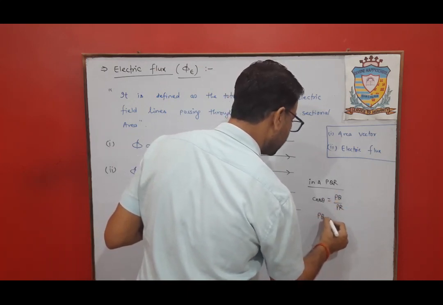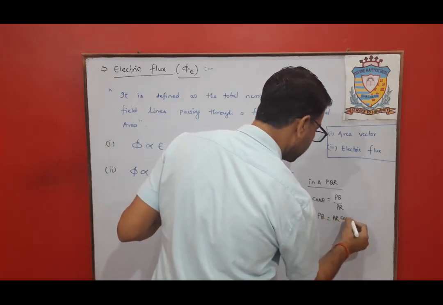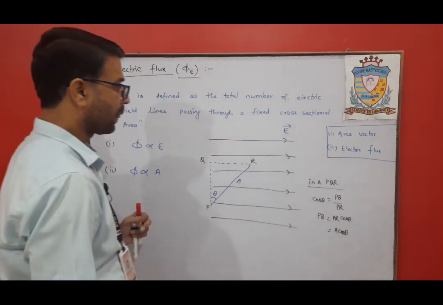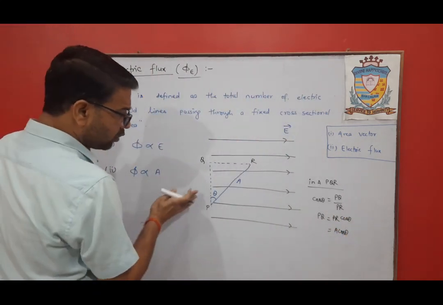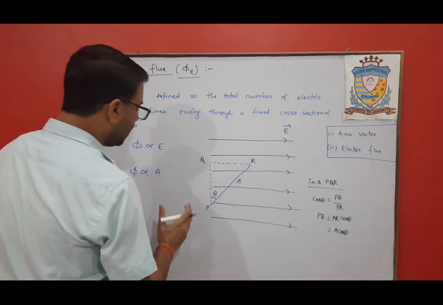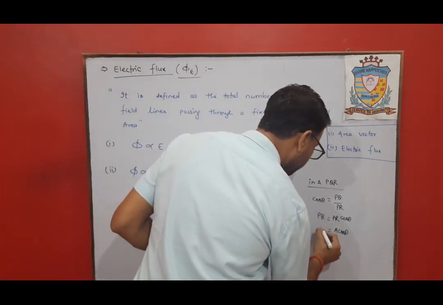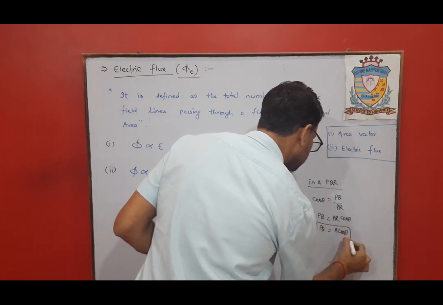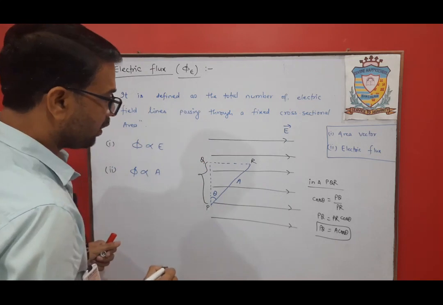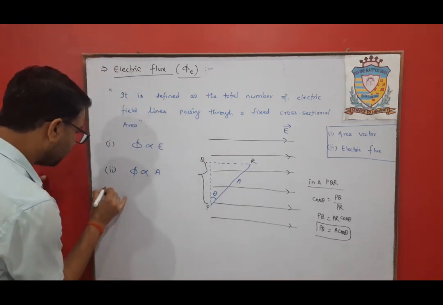So the value of PQ is equal to PR into cos theta. The value of PR is A, so A cos theta. Okay, this is the amount of electric field lines passing through this area. So this is the value of PQ. One more thing, by which we will understand this third part.